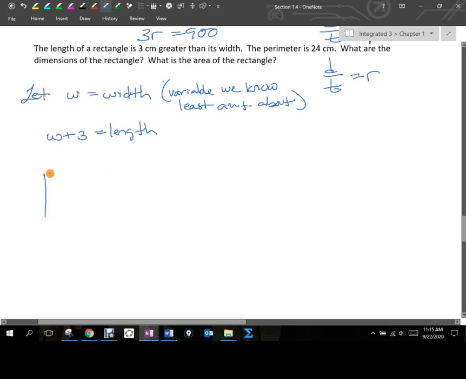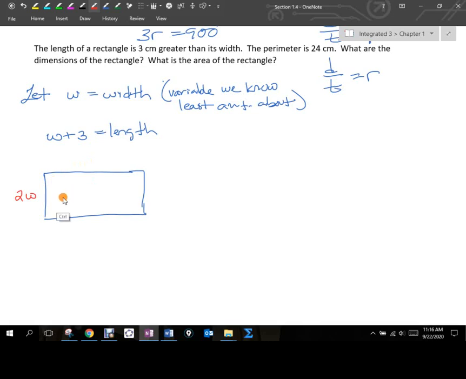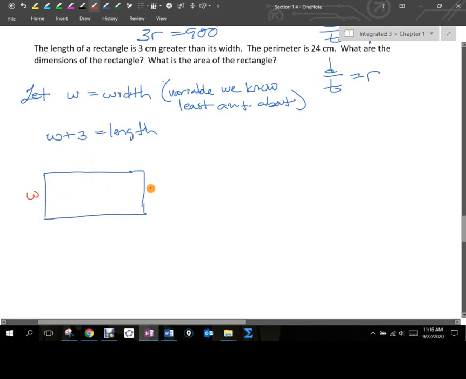Now we've got to look at what we mean by perimeter. What's perimeter mean for a rectangle? In general, you have a width, a length, and a length, right? And perimeter is usually 2 of your L's plus 2 of your W's, right?